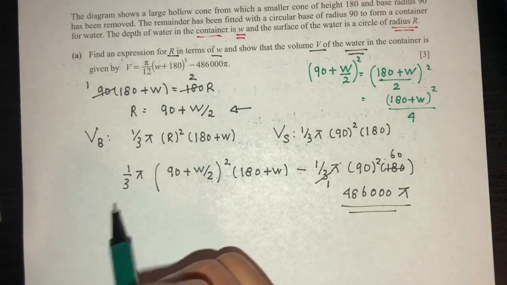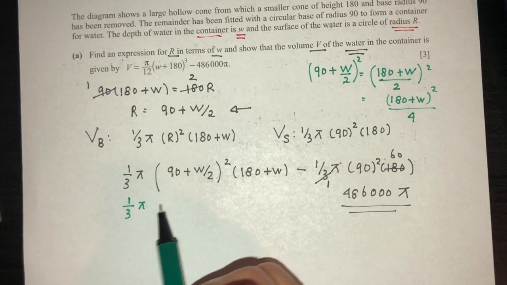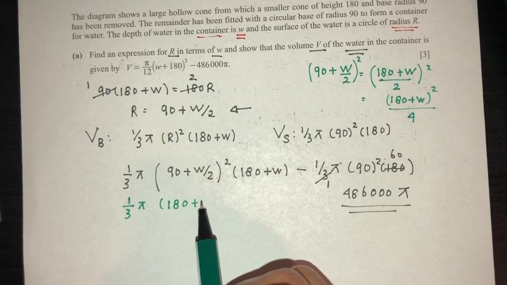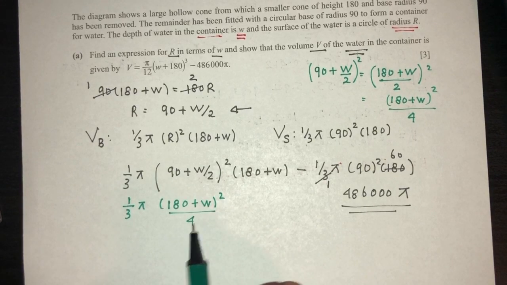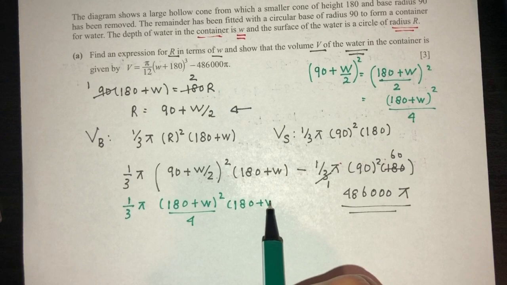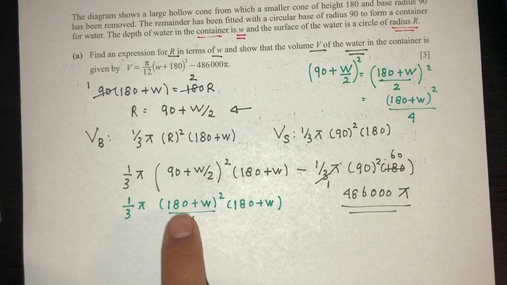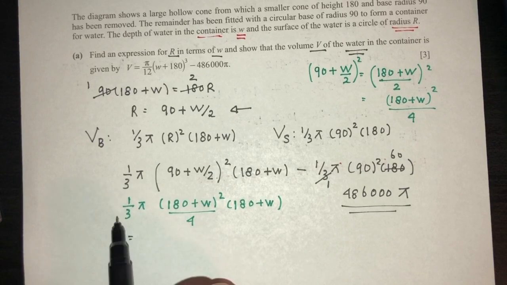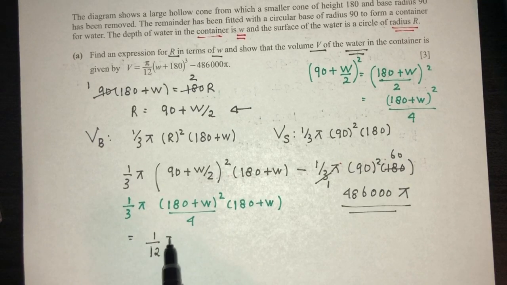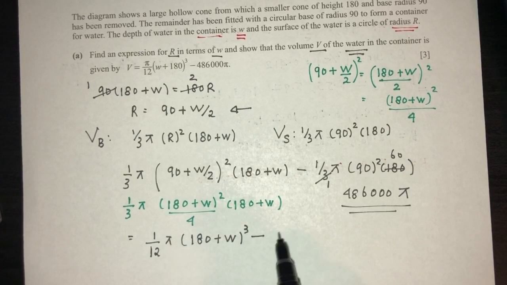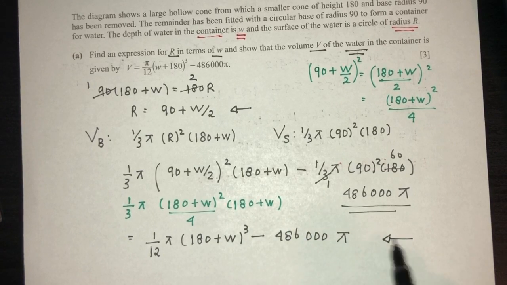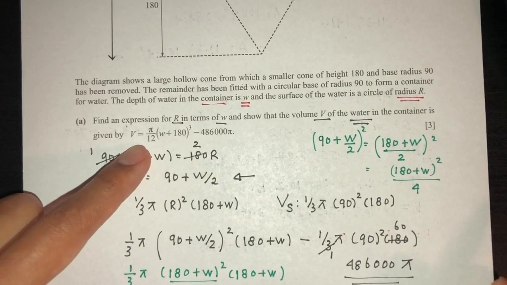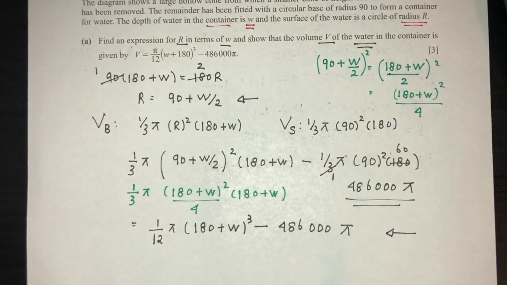So in the same way, this is equal to 1 over 3 pi, (180 plus W) squared divided by 4, times (180 plus W). Now this is the same, as you can see. You can just factorize, and this one you can just take it out. You will have 1 over 12 pi and (180 plus W) to the power 3 minus 1, 2, 3, and that will be shown as required. That will be your volume of water given by this.